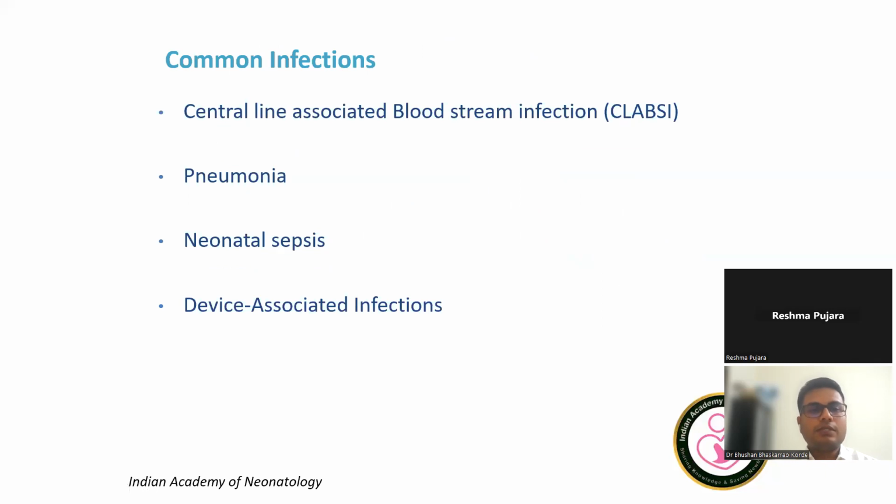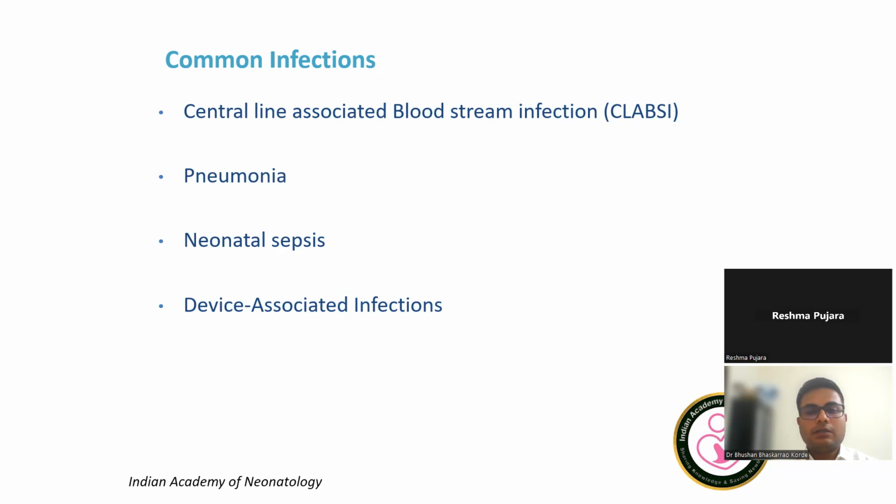So which are the common infections in NICU? Common infections are central line associated bloodstream infection. As you know, we care for preterm premature babies, and we need to put UAC, UVC, or a PICC line. If that line is not handled with care, with the insertion and maintenance care bundles, if there is no written policy, and we are not managing the line with those bundles, it can lead to central line associated infections.